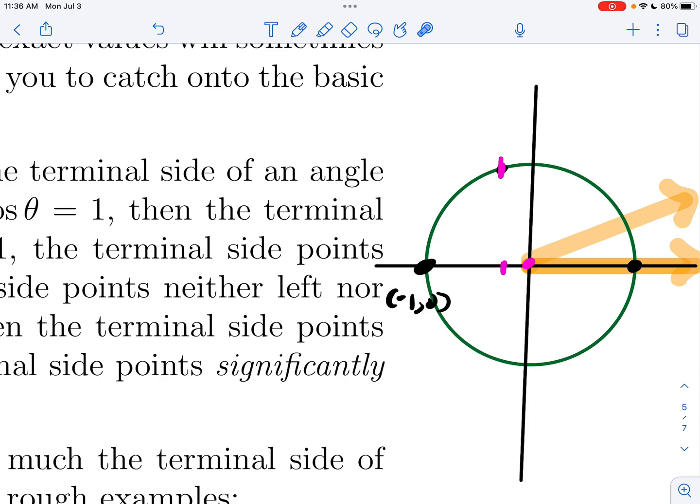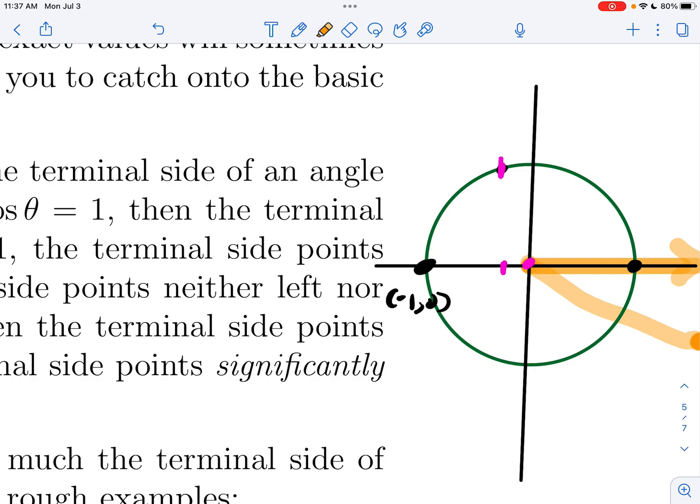If it looks like this, well, it's definitely pointing to the right, but it's not pointing perfectly to the right. So it's not cosine equals 1, but cosine is almost 1. Cosine is a pretty big positive number. It might look like that, or it might look like this.